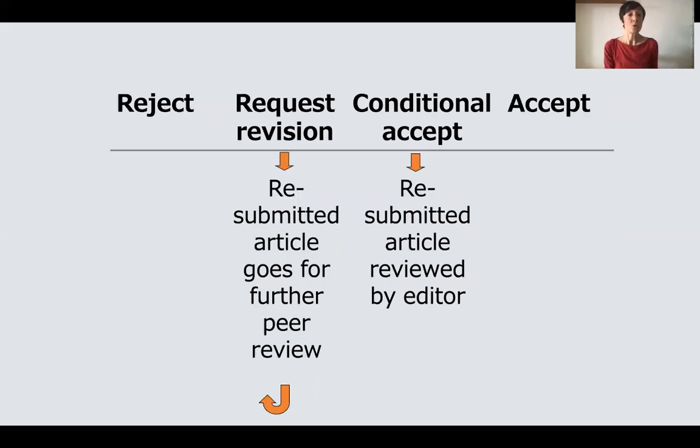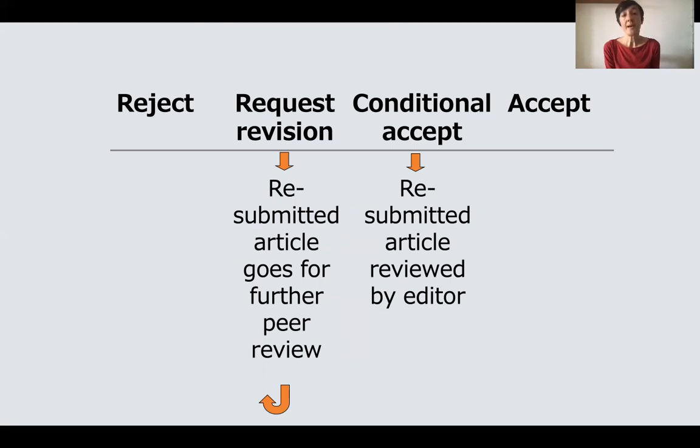From the contributor's perspective, there are 4 options that are available once the article is submitted. There is an immediate reject option, as I mentioned at the beginning. There is also a very common option, which is that of requesting a major revision of the article. This is a very common request.